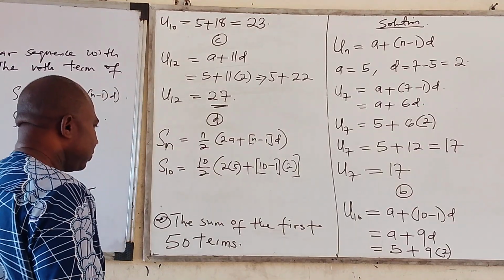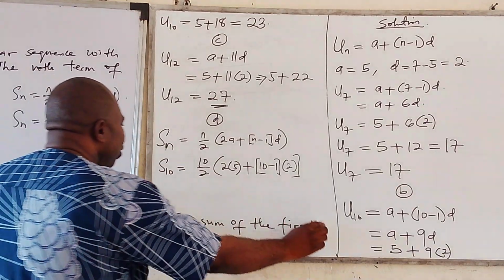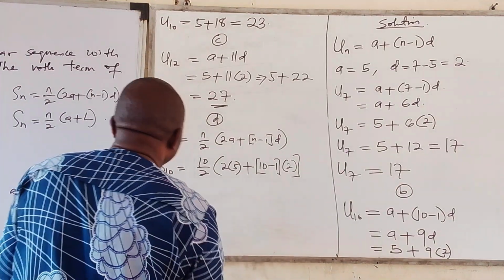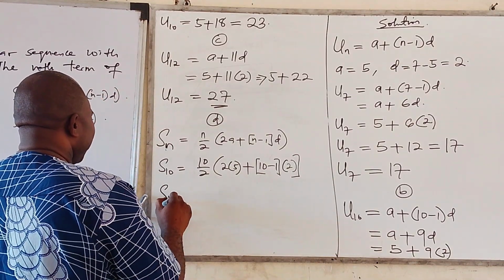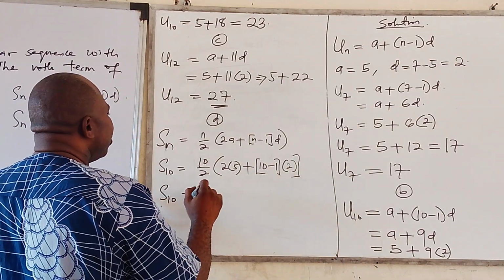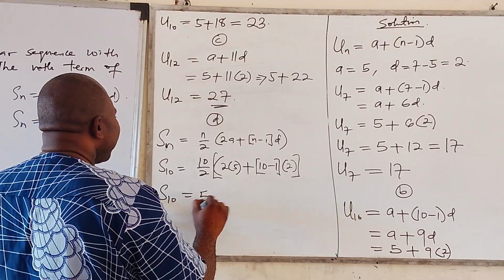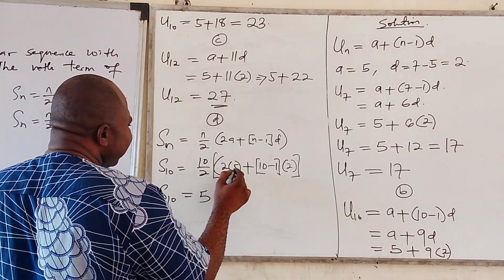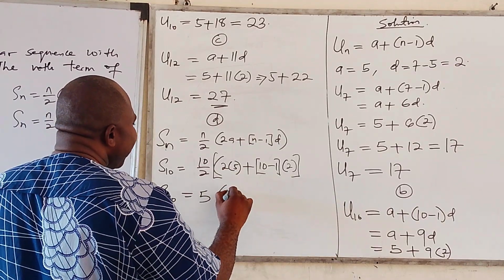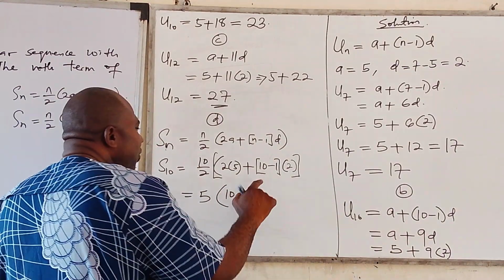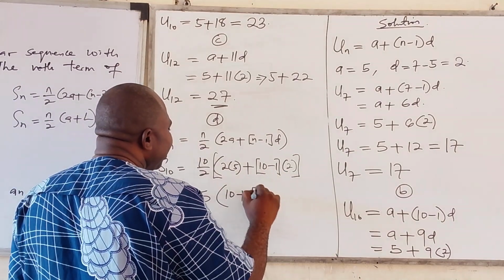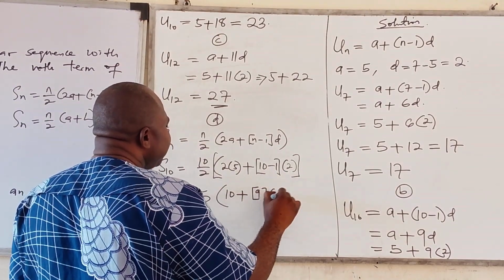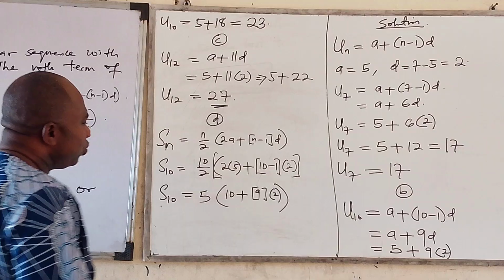Now the whole of this: S10 will be equal to 10 divided by 2, which is 5, so we have 5 in brackets 2 times 5, which is 10, plus 10 minus 1, which is 9, times 2.